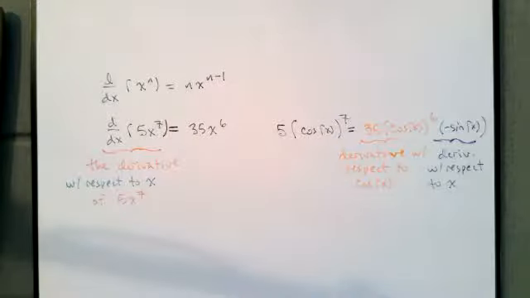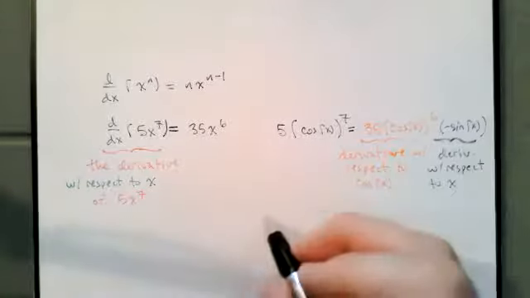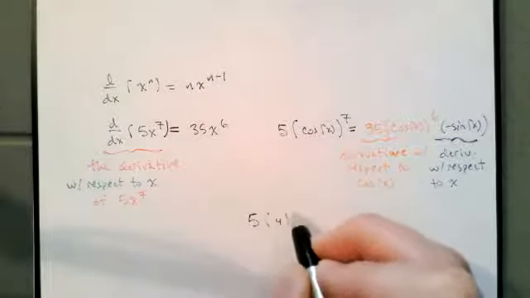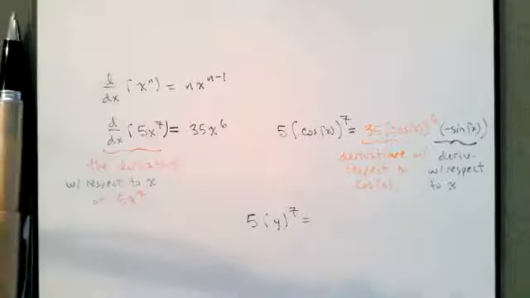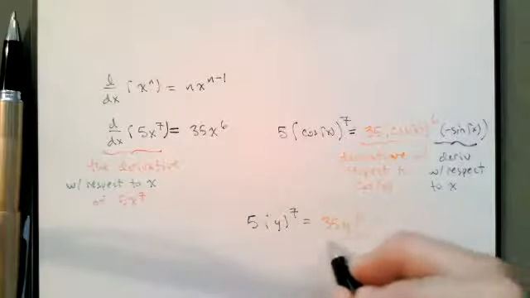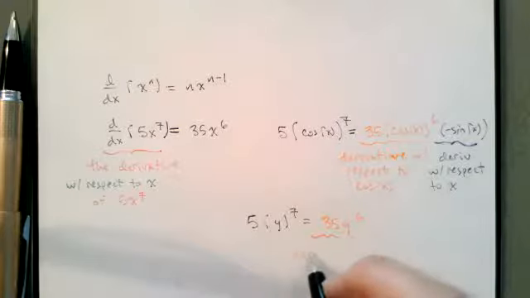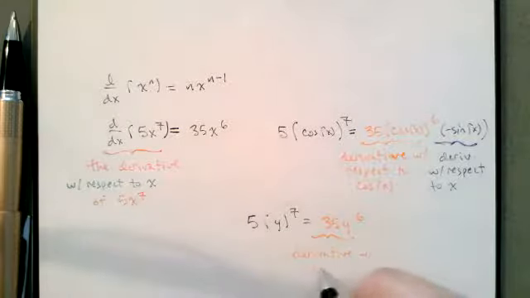All that we're doing now is, instead of having something explicit like cosine of x, we're saying if we have 5 times y to the 7th power, when we write 35y to the 6th, this is the derivative with respect to y.